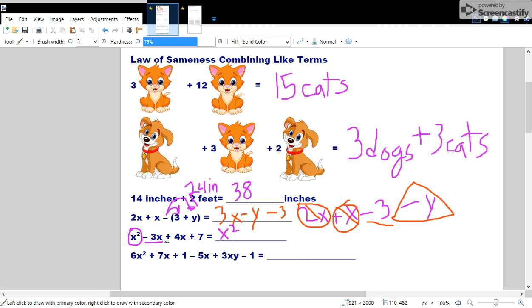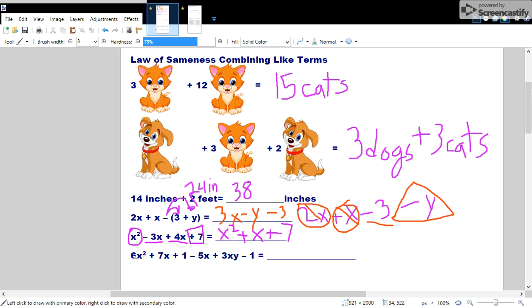We have -3x and plus 4x. If you add those together, you have a plus 1x. And then our constant at the end is a plus 7. We just carry that over because there's no other constants in this expression. So your simplified expression will be x squared plus 1x plus 7.